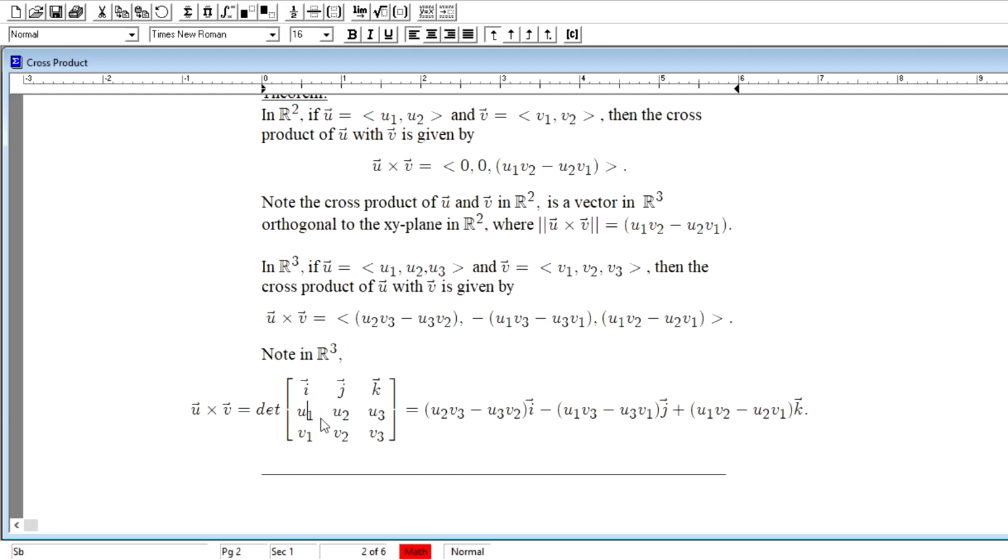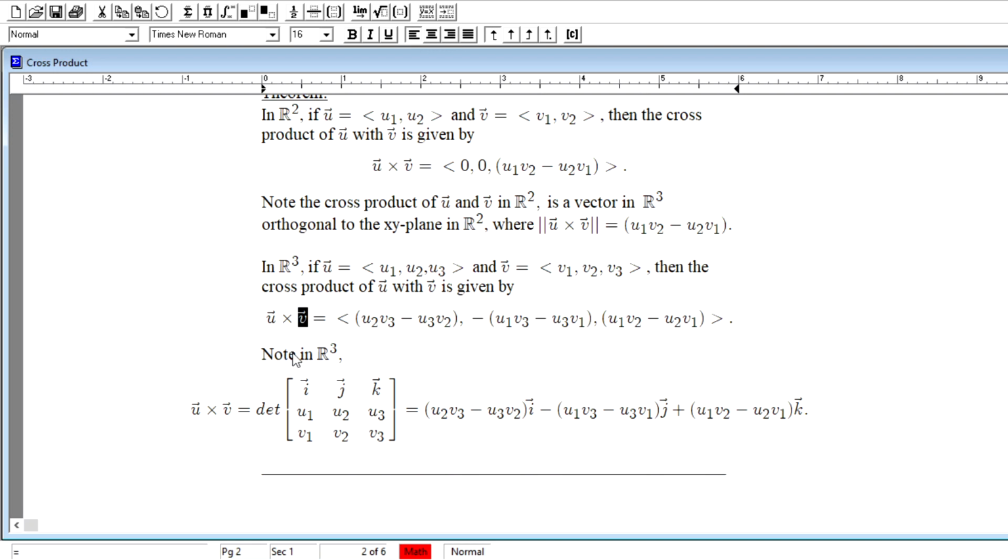Your second row is made up of the components u1, u2, and u3 from your first vector in the cross product u, and your third row is made up of v1, v2, and v3, the three components of your vector v, the second vector in the cross product.